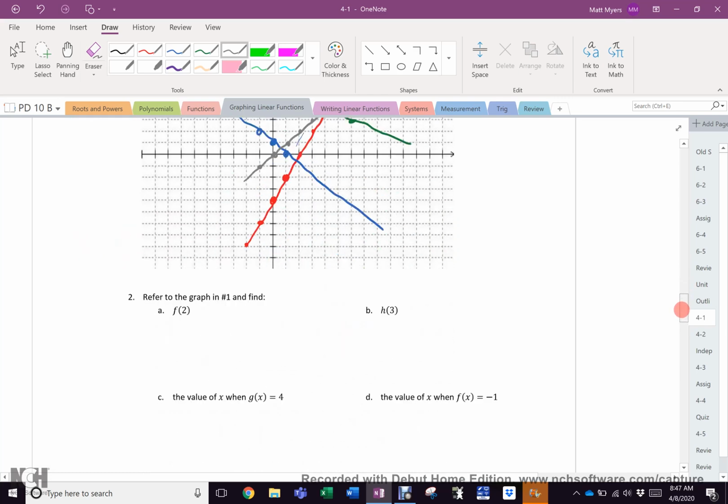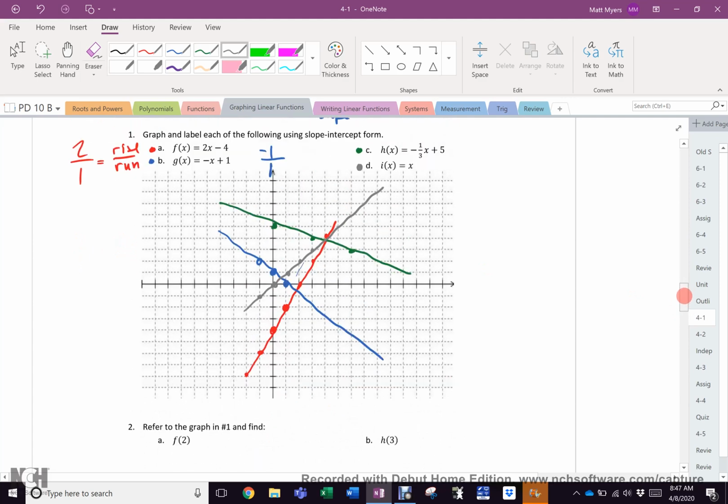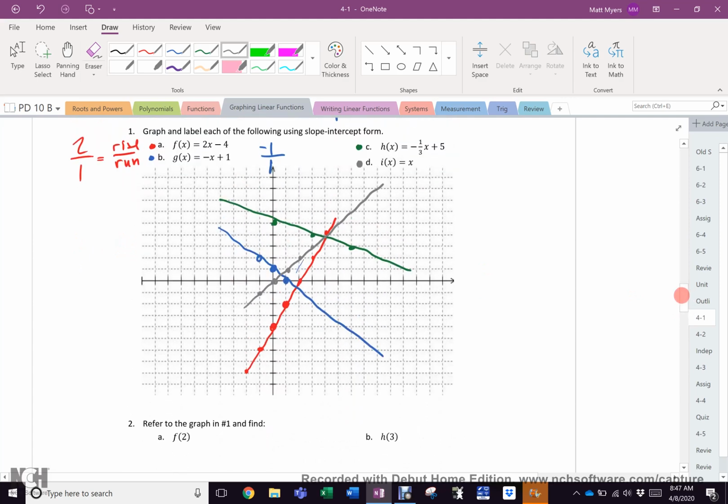So what I'm going to do here is I'm going to change the colors. F is the red line, right? So I'm going to go ahead and I'm going to erase everything but my red line. I want the f of 2.